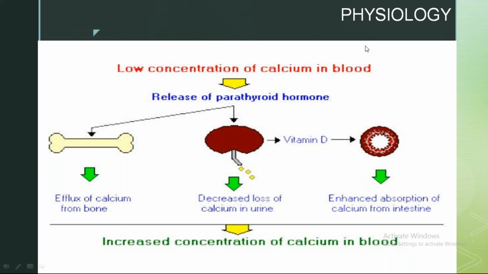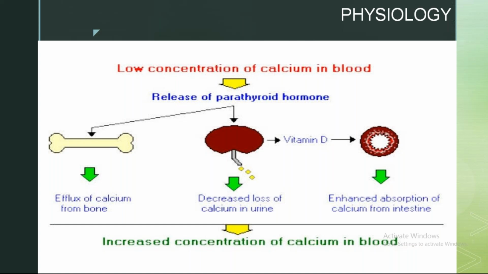In the renal tubules, it acts and results in 1-hydroxylation of vitamin D. First, cholesterol is converted to vitamin D3 through sunlight.